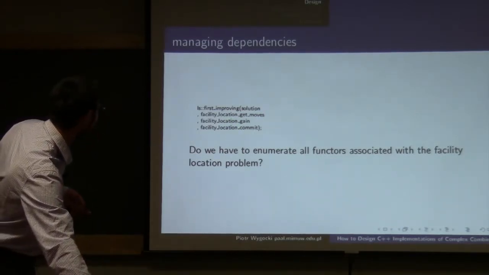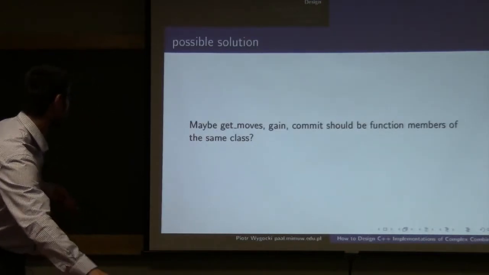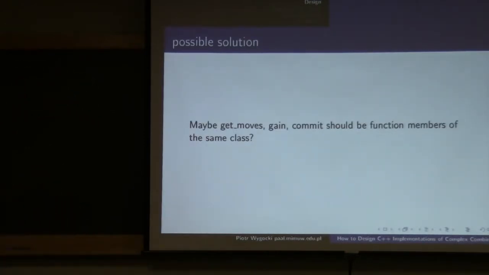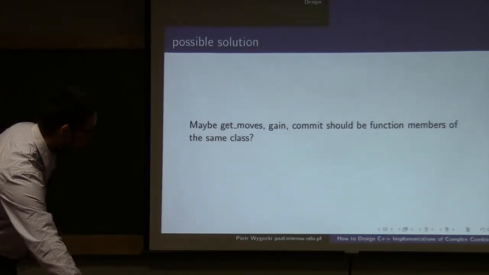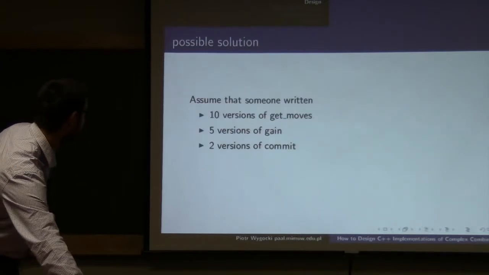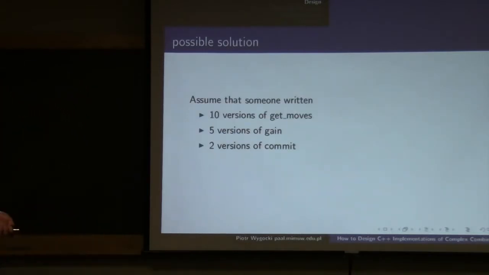And so the first idea is maybe these should just be member functions of the same class. That's kind of an obvious idea. And this is not the best idea, actually. Because when you want to write a good local search algorithm, it involves a lot of experimenting.